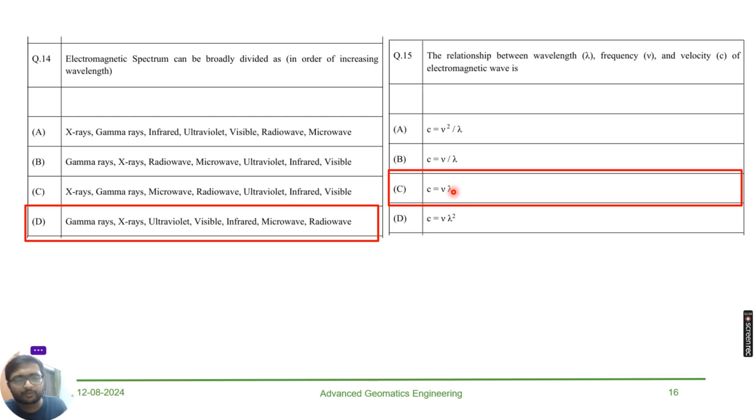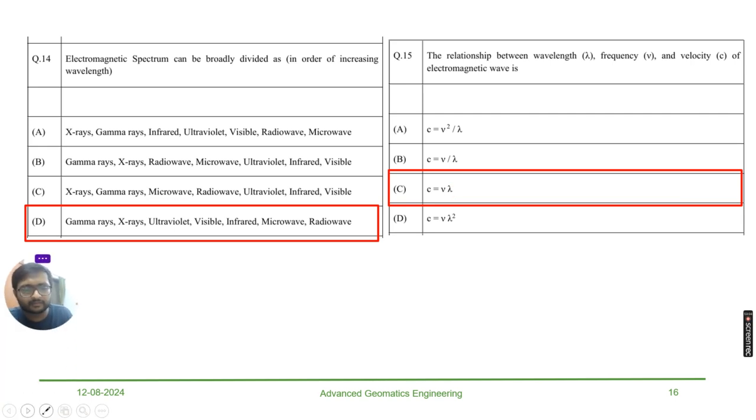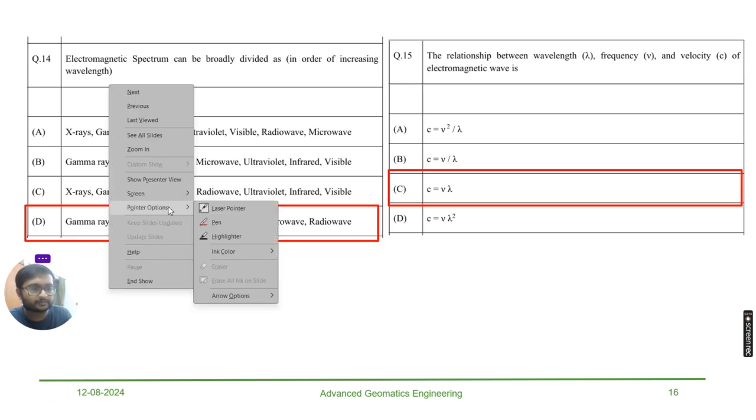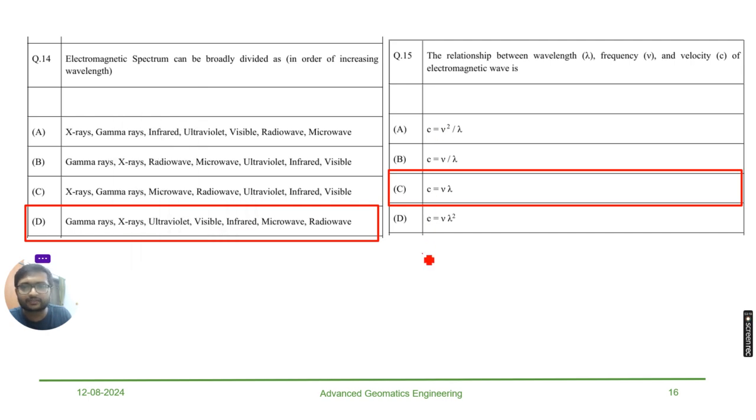Let's say the question I asked: what is the frequency range of the visible spectrum? How will you approach the problem? My question is, what will be the frequency V of the visible spectrum? The visible spectrum ranges from 0.4 to 0.7 micrometer.